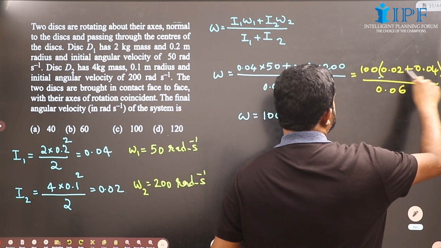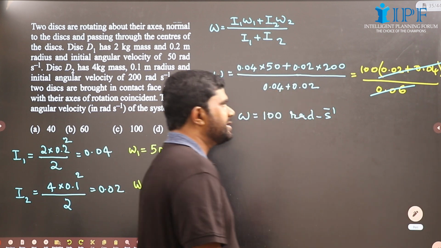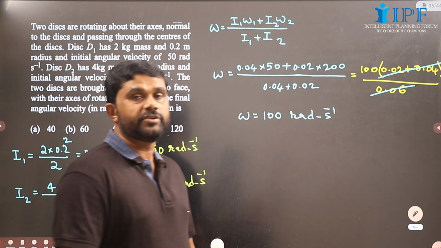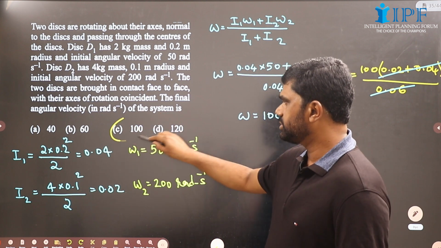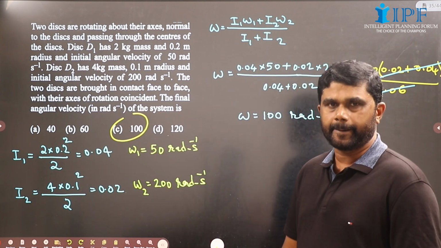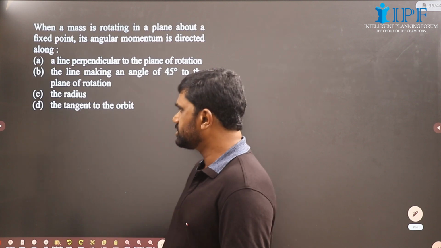Now this one and this one can be cancelled. Ultimately we will get 100 radians per second. So this is the answer, 100 radians per second. Now let's try what we have next.